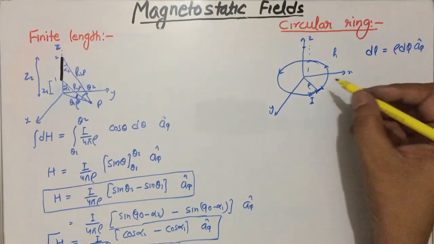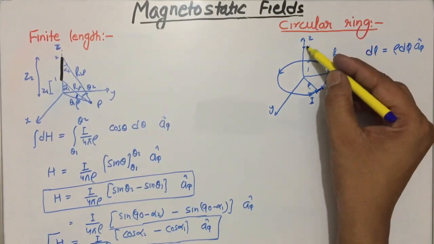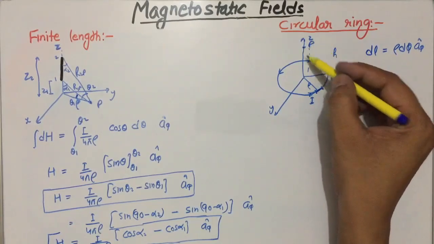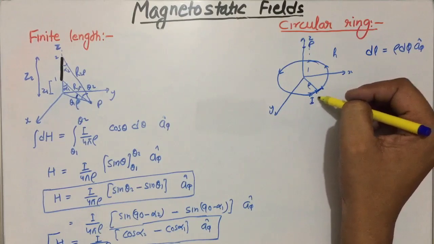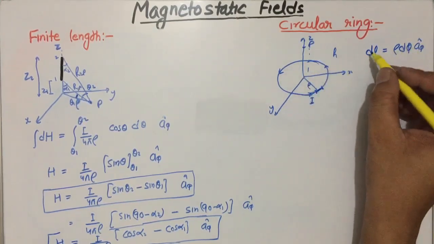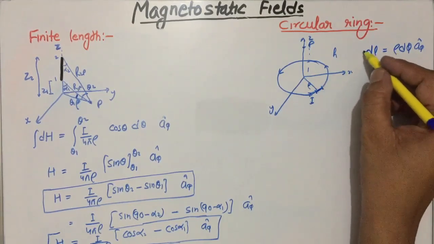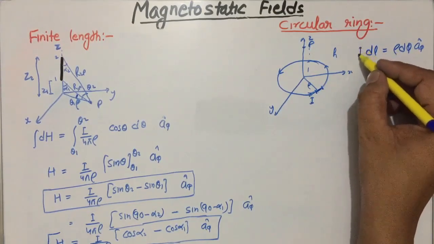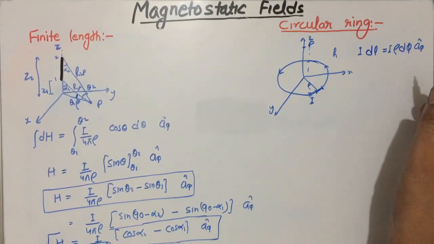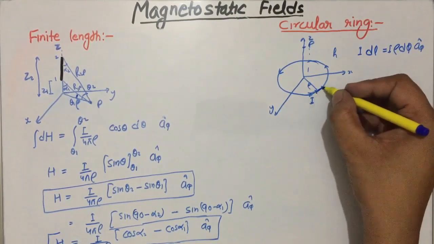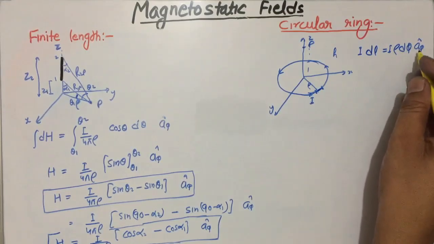If we take the current element, actually we have to find the intensity at this point from a part of this ring, then we will do it for all. If we take this current element, we just have to multiply by I, so this will be the current element I rho d phi a phi.